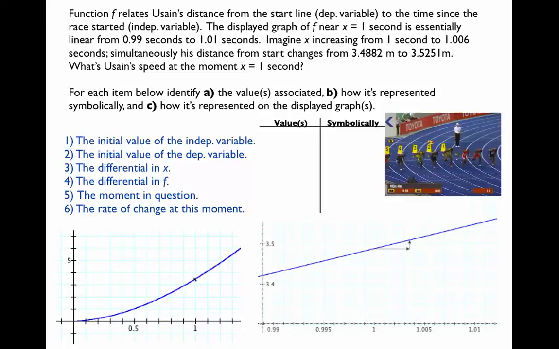So for each one, what's the actual numerical value? How do we represent it symbolically? Where do we see it on these graphs? We're not going to use y at all. We've got a function f, so everything can be done with x and using our function. So no y's.